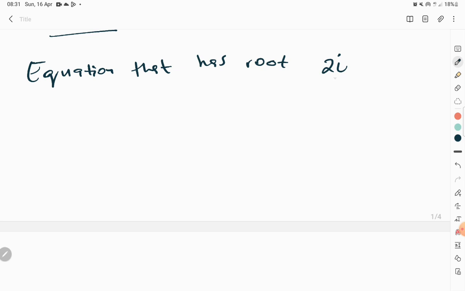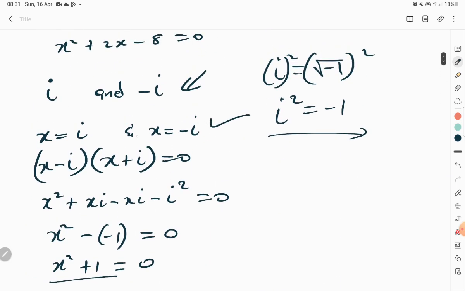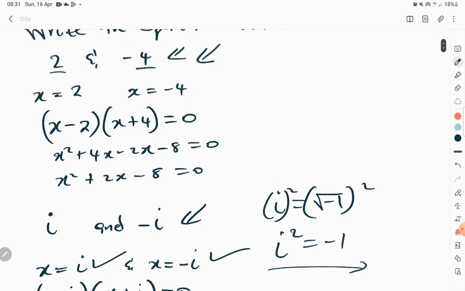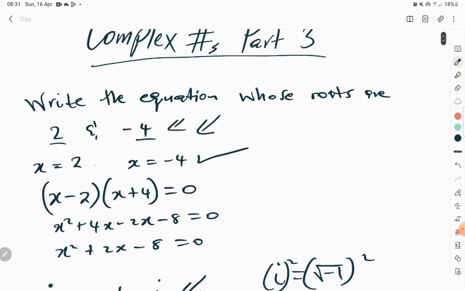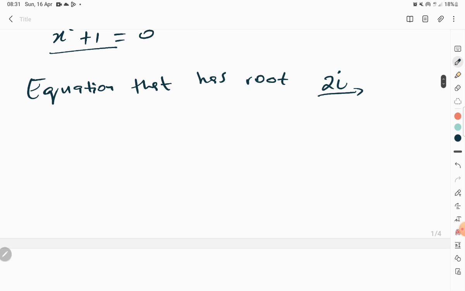So you are just given only one root, so you need now to be able to figure out the other root, because if it is a quadratic, then you need to know what the other root is. In the previous example I gave you this one and also that one, and on our real side we got 2 roots. Now if you are given only one root on the complex side of numbers, how do you figure out what the other one is?